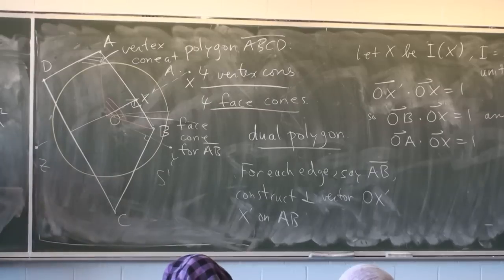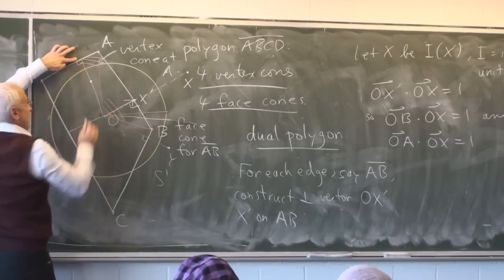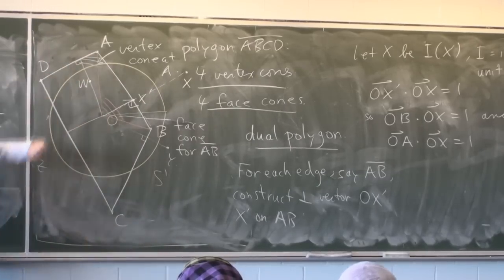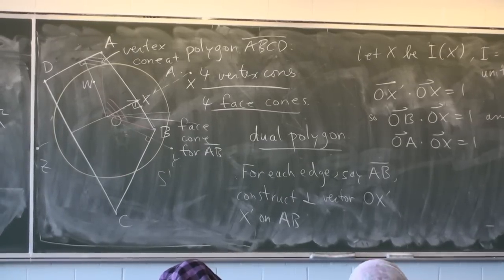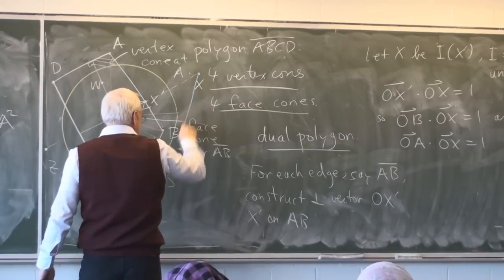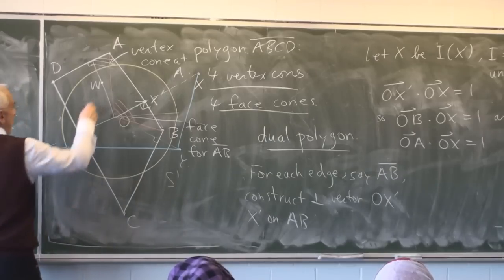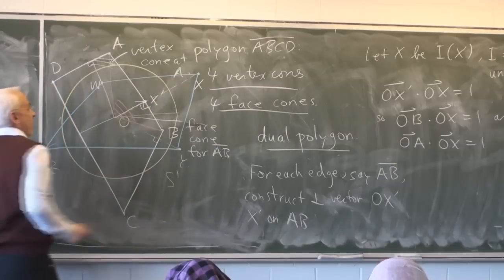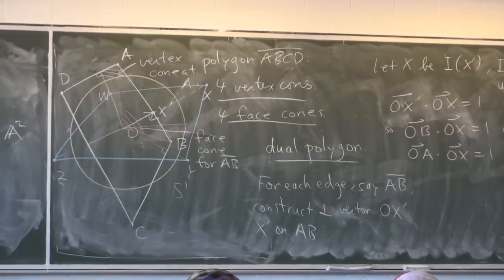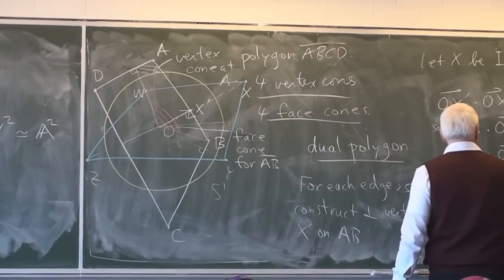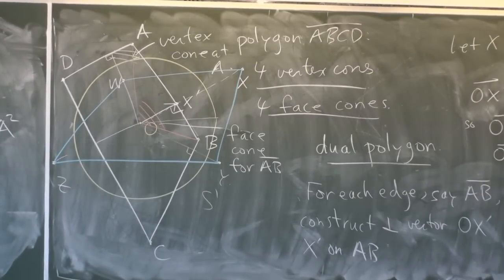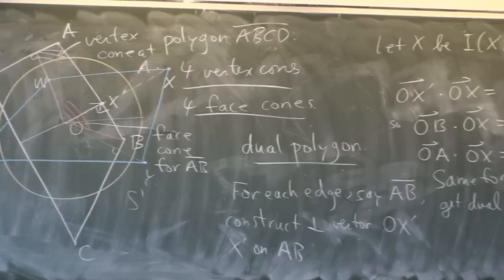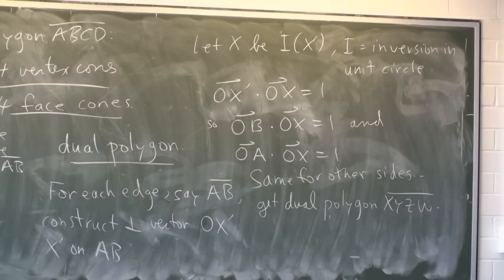Some point, say Z. And this point perpendicularly, and then that inversion will be there, so maybe W. So we get a new polygon, X, Y, Z, W, and back to X. So if we do the same for the other sides, then we get the dual polygon X, Y, Z, W. And this is a very interesting relationship between the polygon ABCD and the new polygon XYZW.